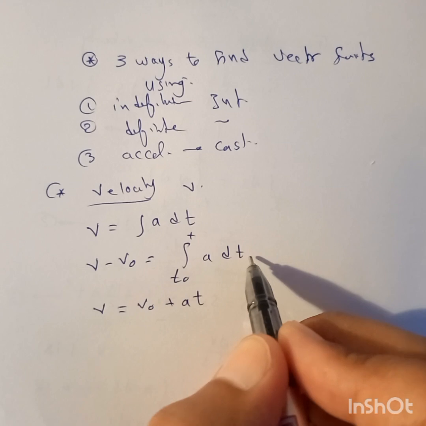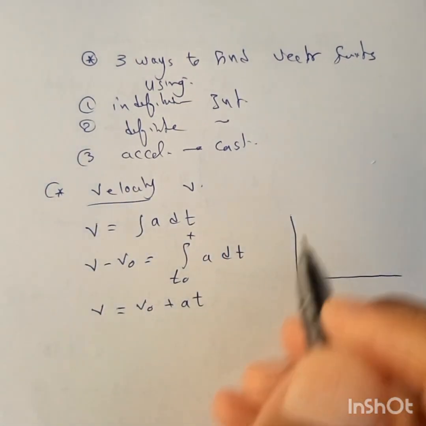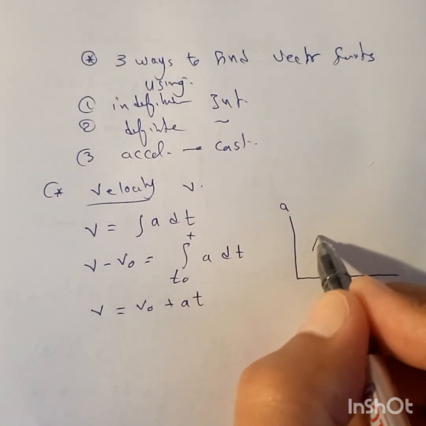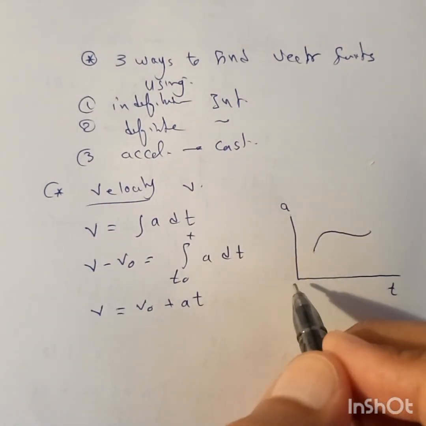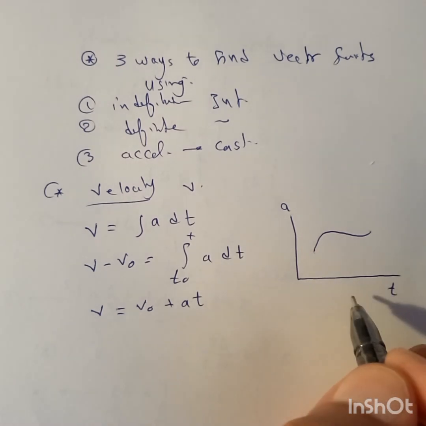Okay, if we have a relation between acceleration and time, here we have this curve representing the relation between acceleration and time of a body moving in a straight line.